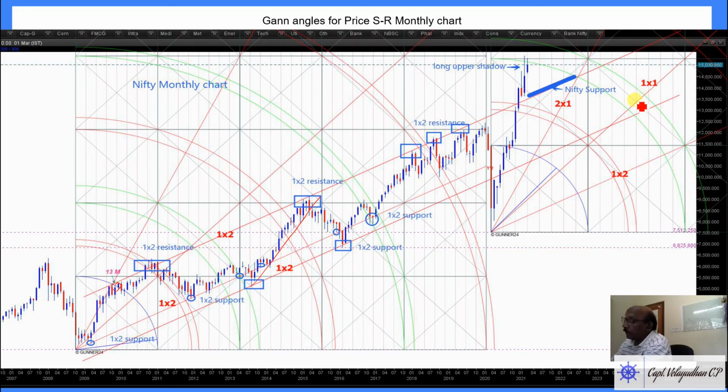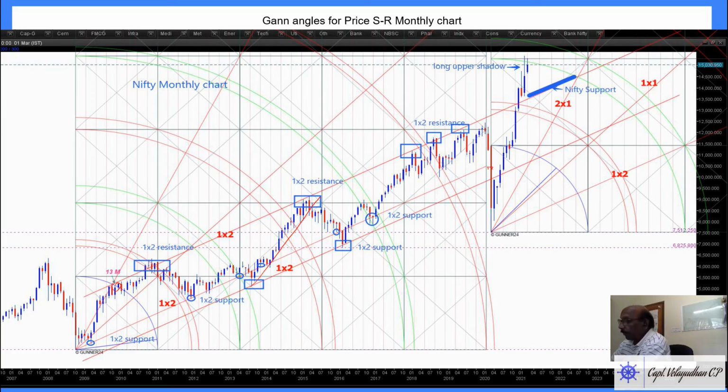from a trader's point of view and an investor's point of view, you have to see the price action. Here, this month, price lost momentum. As we see, the price reached and went above this 1 by 2 line.